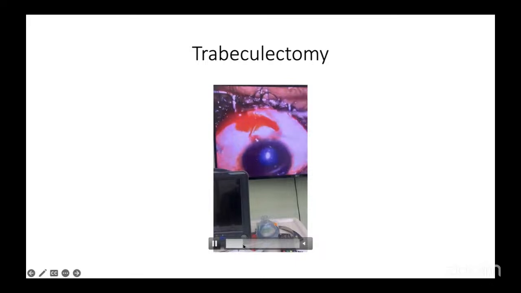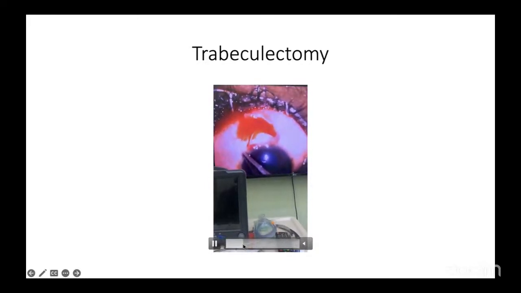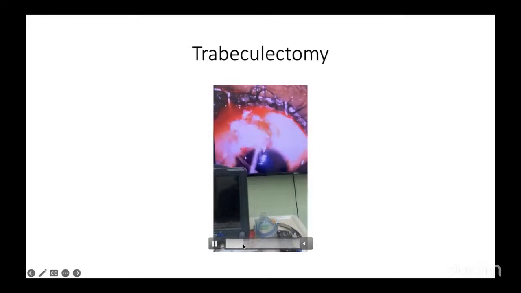Now, the aim of this suture, this is before the trabeculectomy was done and before the ostium was created. So the whole idea here is to reduce the period of hypotony, so that immediately you do your trabeculectomy, you can easily suture. So after this suture was placed, the ostium was now created.